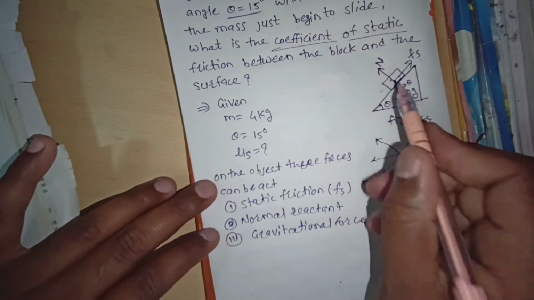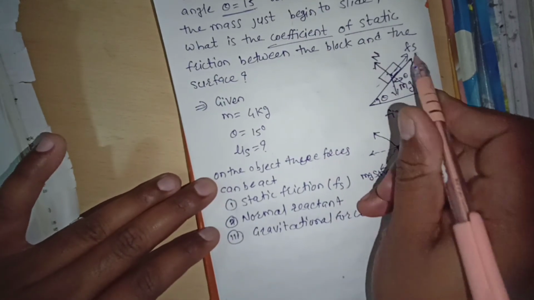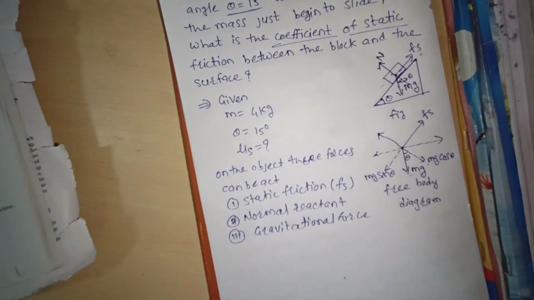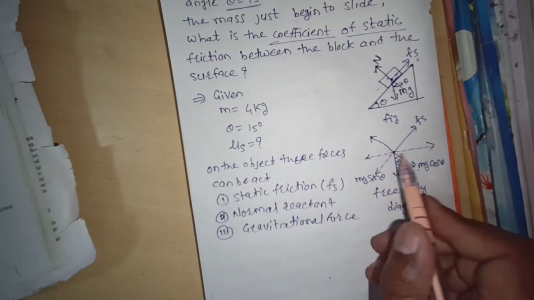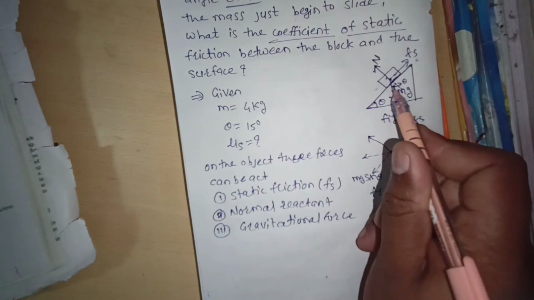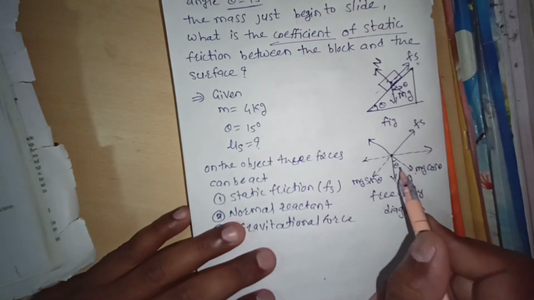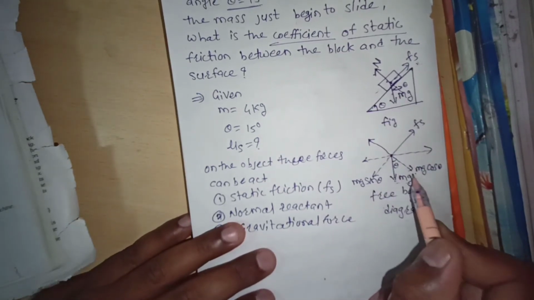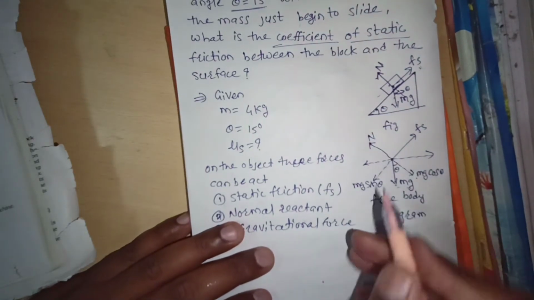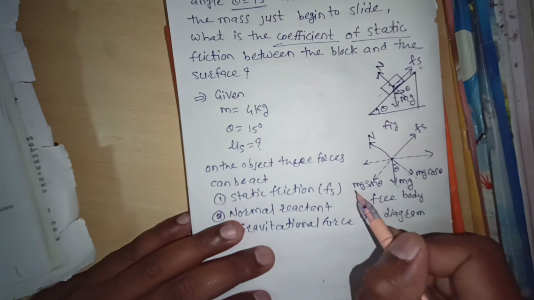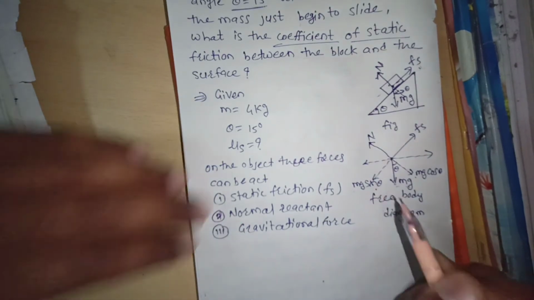This angle is theta. In the free body diagram, this line is mg cos theta, this is the normal reaction force, this is the static friction, and this is mg sin theta.